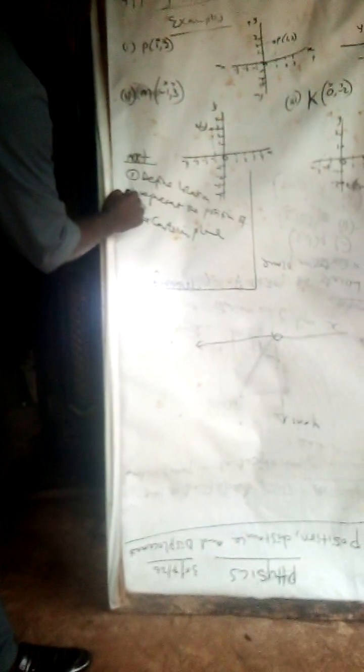So let me have a small cut here so that you focus on here. Represent the position of the following on the Cartesian plane. 1, P is at minus 1 and 4.